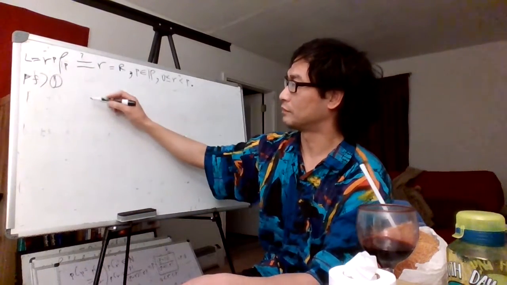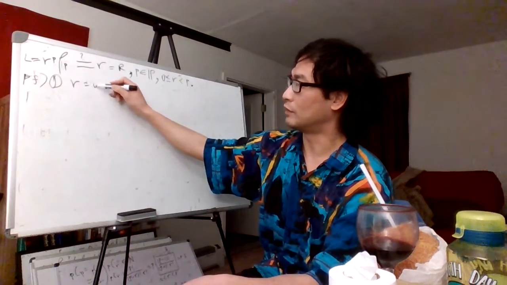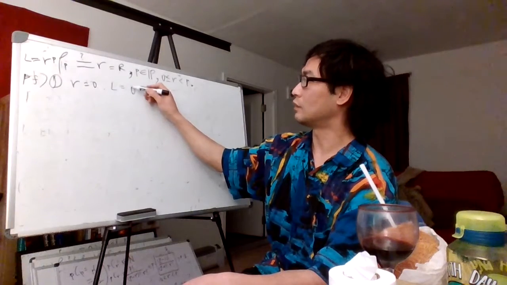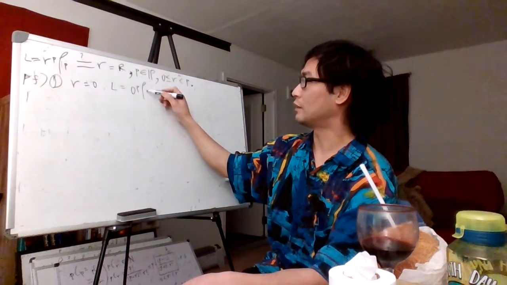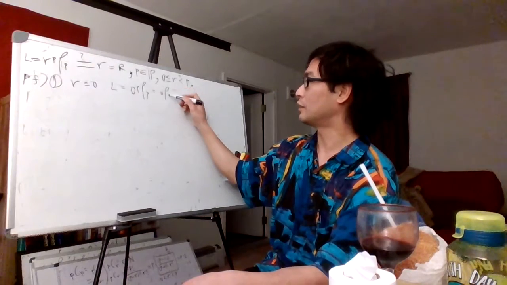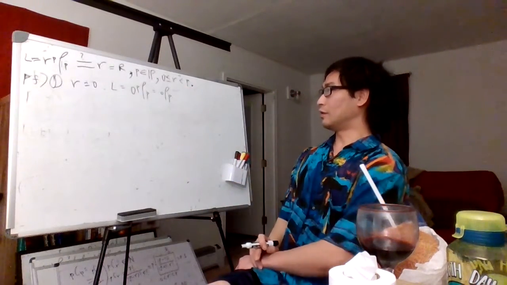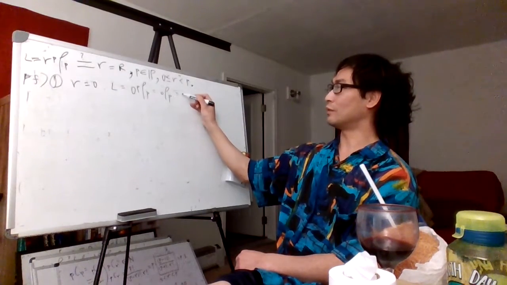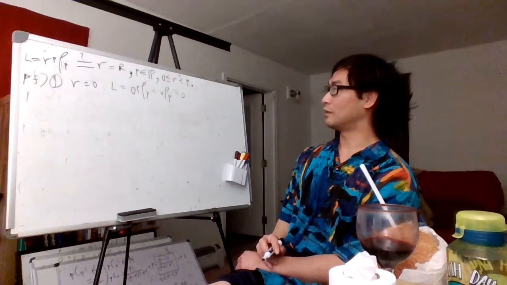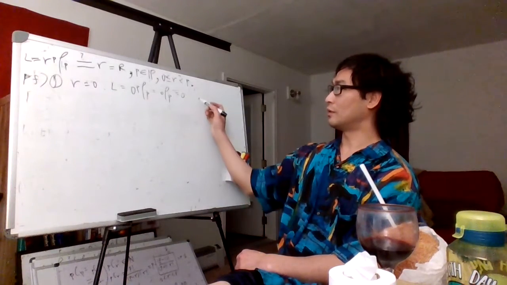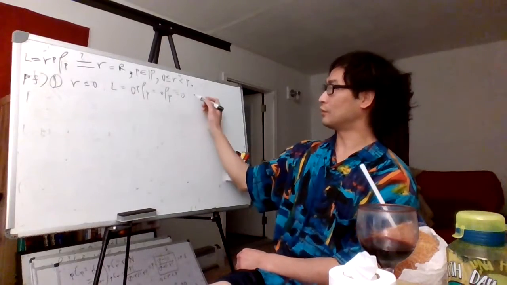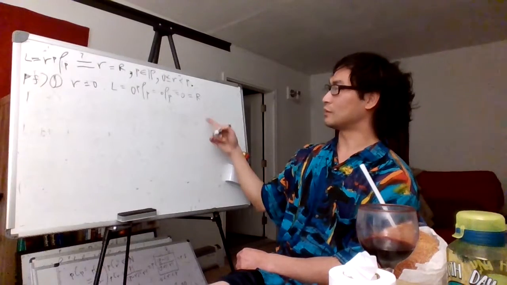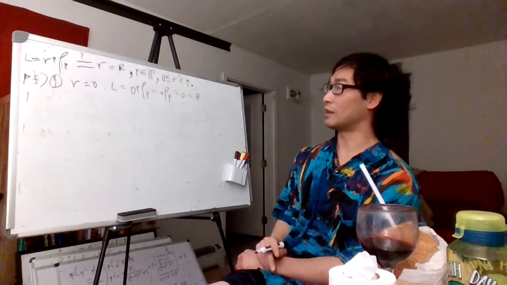First case, r is equal to 0. Then the left-hand side is 0 to the p, mod p, which is 0 mod p. What is the remainder when we divide 0 by p? The remainder is 0, and r is equal to 0. That's the same as the right-hand side. So that's good, the base case is satisfied.